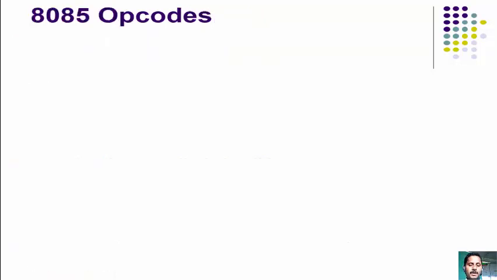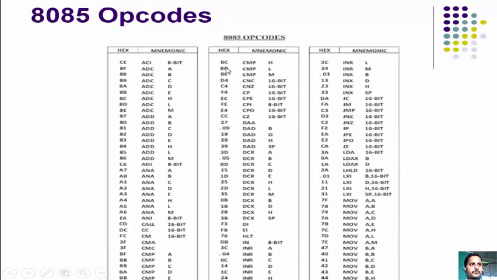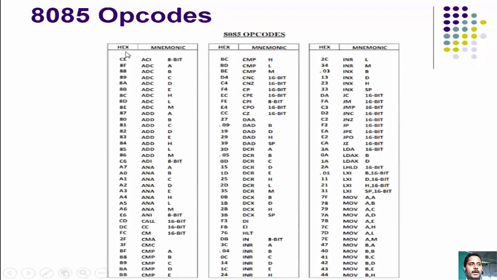As I said, depending on the instructions provided by the user, different operations get performed by the CPU or the microprocessor. Here we can see the 8085 opcode sheet. At the left hand side, hex codes are given, and at the right hand side the mnemonic. We'll take a simple example of the first instruction.